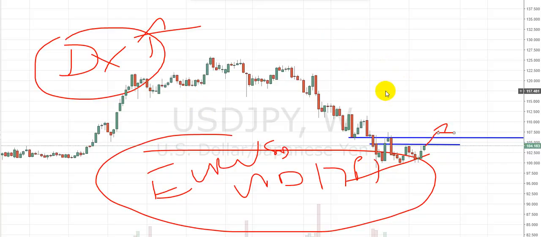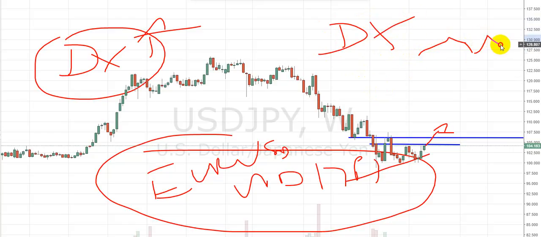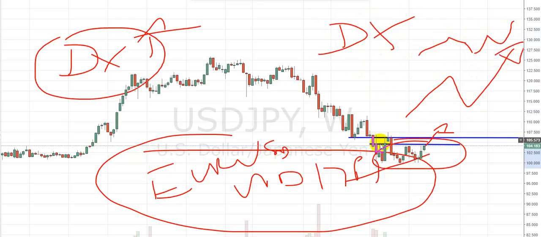Because, okay, we may see on dollar index this kind of rally, right? Or this kind of rally. It's all about, in my opinion right now, it could easily change next week.